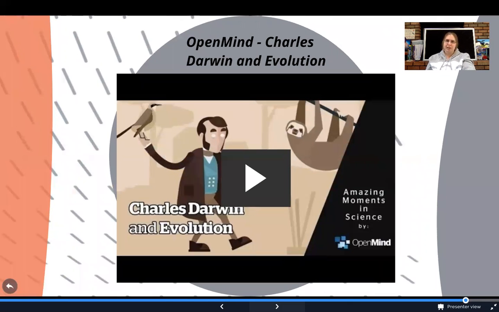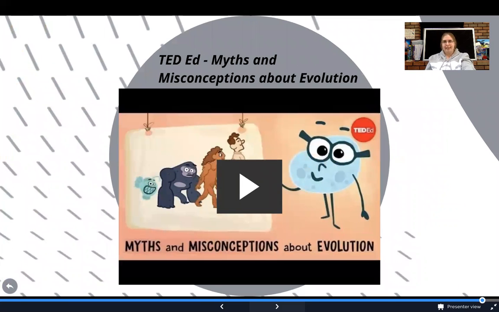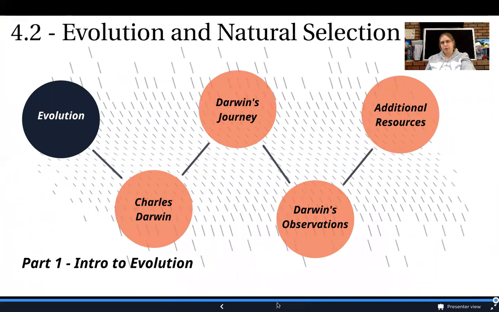One by a channel called Open Mind, which again deals with Charles Darwin, his voyage, and what evolution is. And the one that I thought was interesting is a TED-Ed video, Myths and Misconceptions About Evolution. So I definitely suggest checking some of those out. They're great resources to help you understand a little bit more about what evolution is, who Charles Darwin was, and why he's important.